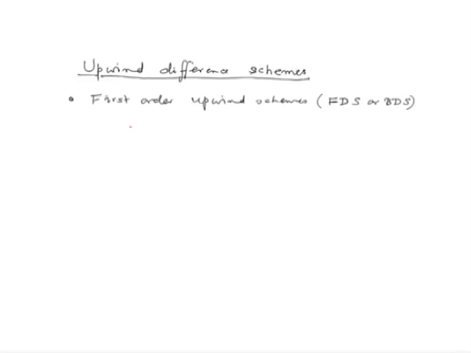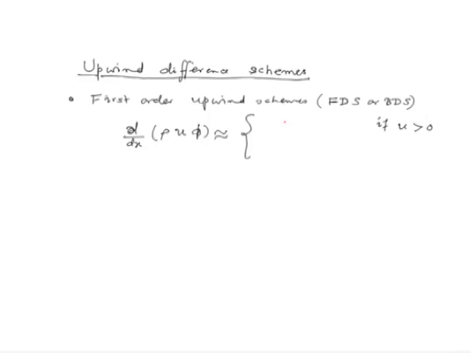So here basically we will approximate d by dx of rho u phi. If our u is greater than 0, then we will have to take the values to the left of I, that is we will have to go for backward differencing.